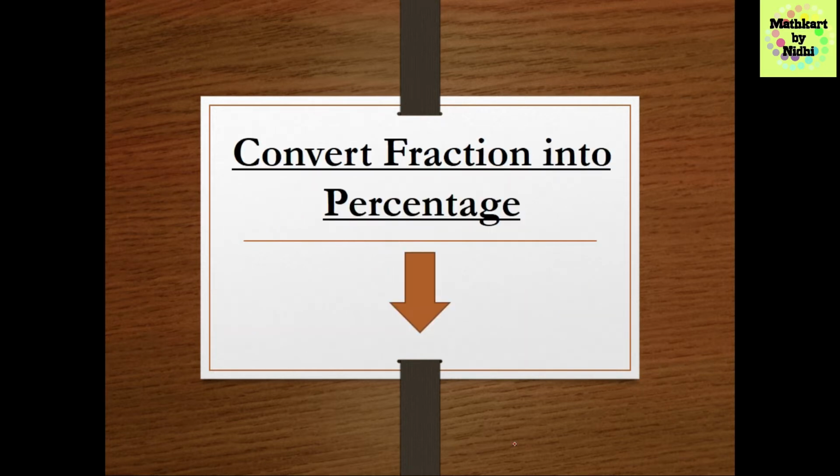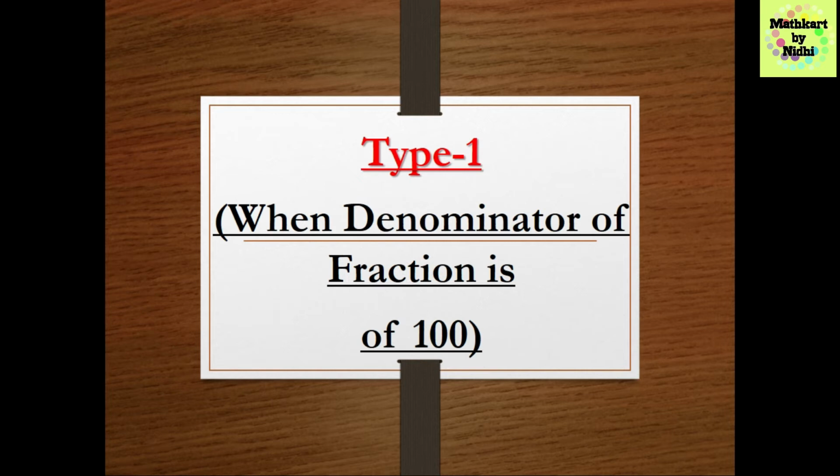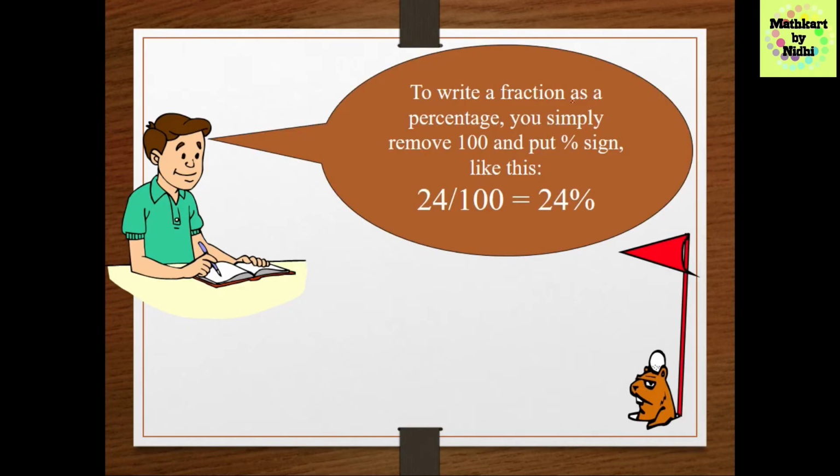So basically there are three types of conversions of fractions into percentage. The first type is when the denominator of a fraction is 100. To write such a fraction as a percentage, you simply remove the per 100 and put the percentage sign, like 24 upon 100 can be written as 24%.